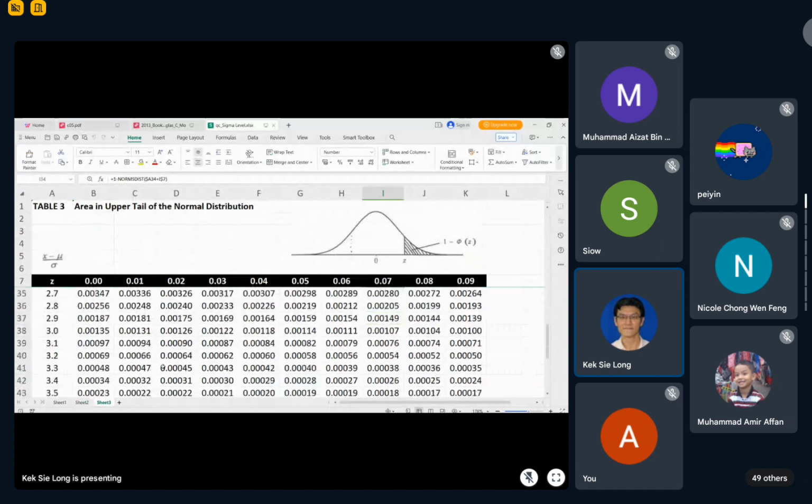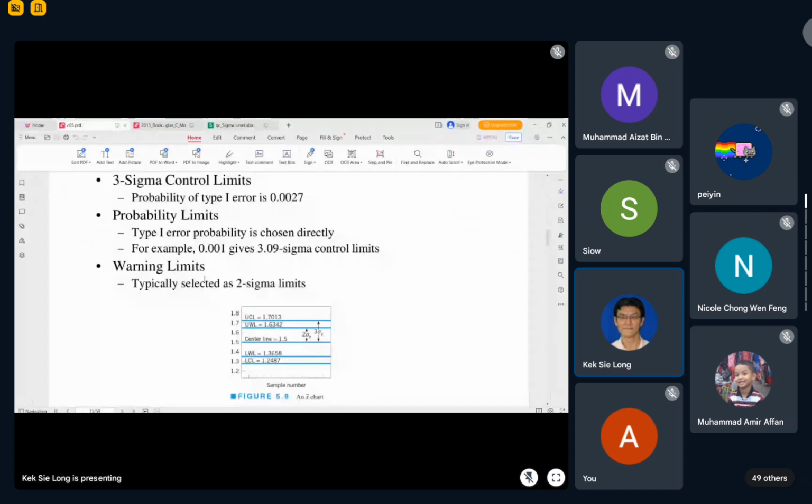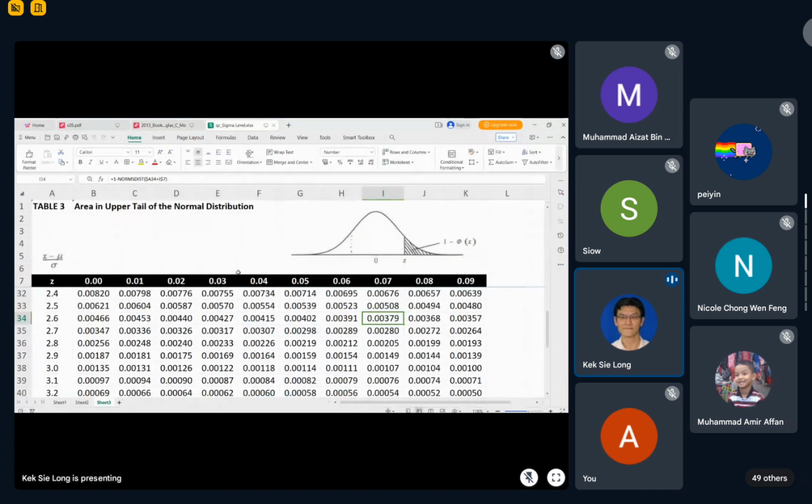Just now we mentioned 0.001, so we refer to this statistical table. Make sure the value gives us the right hand side value.